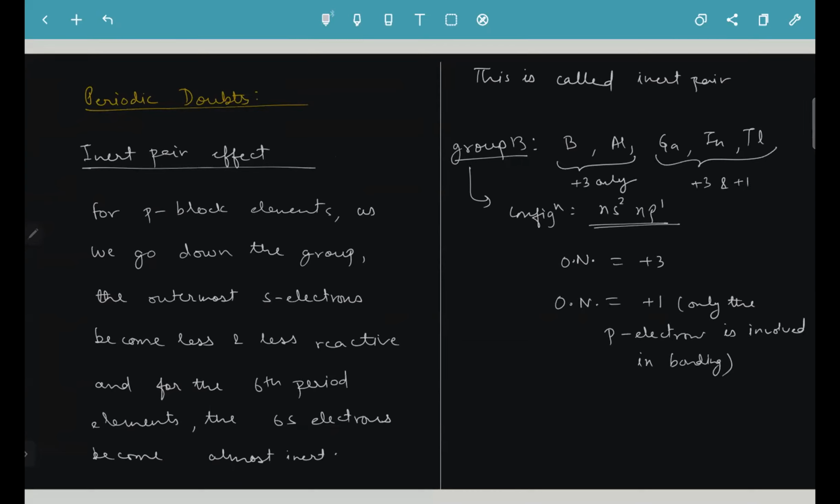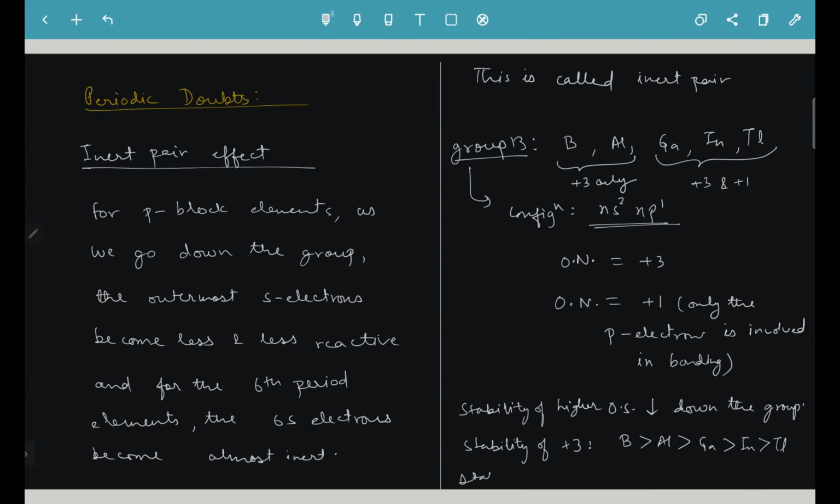Sorry, stability of the higher oxidation state decreases down the group. Here we will write the stability of +3 order: boron, aluminium, gallium, indium, thallium.